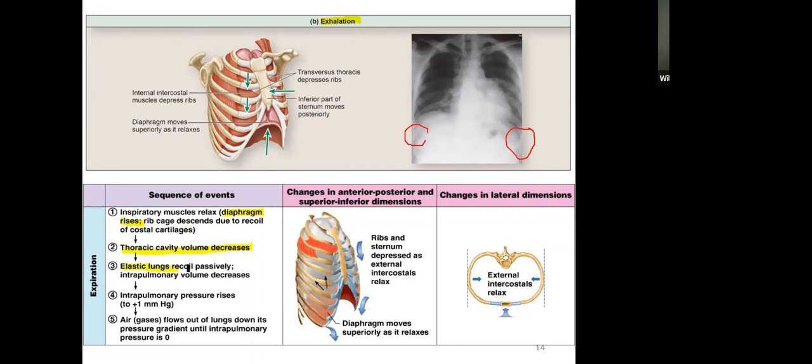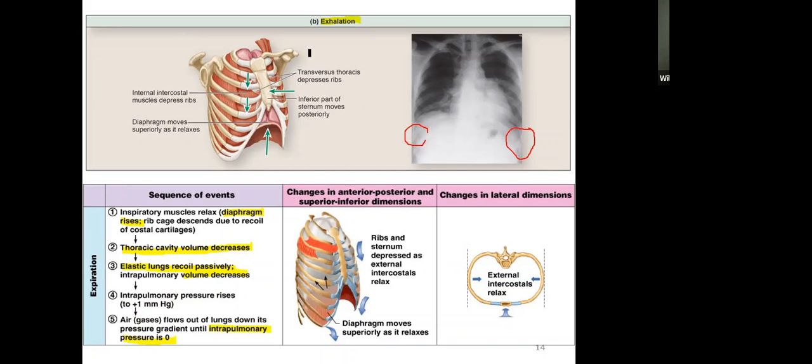Elastic lung recoils passively. Intrapulmonary volume decreases because we're not taking air in. Intrapulmonary pressure increases, so it does the opposite because we now don't have the pressure. The air gases flow out of the lungs down the pressure gradient until the intrapulmonary pressure is zero, because it's going to do the opposite.